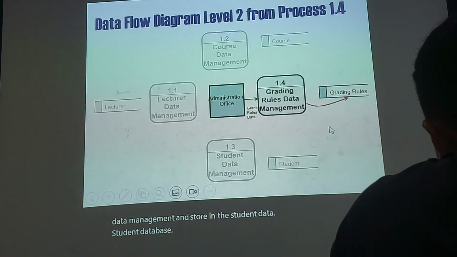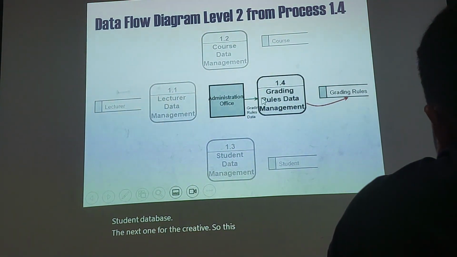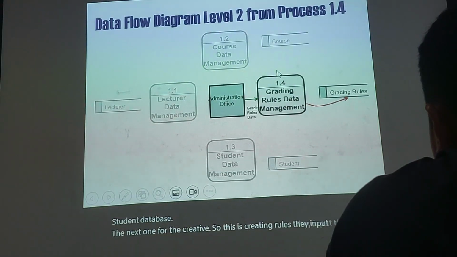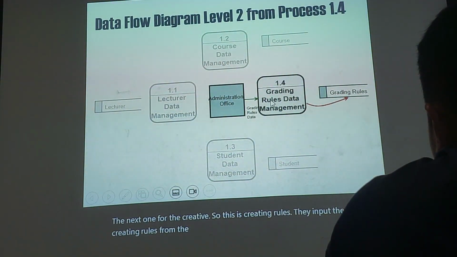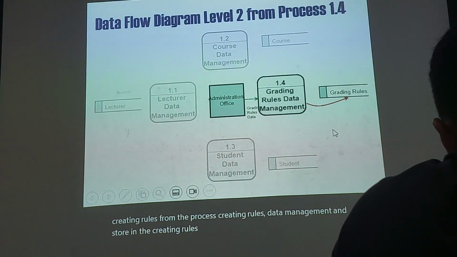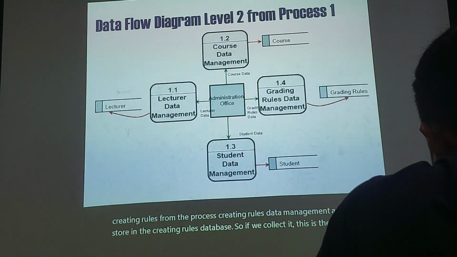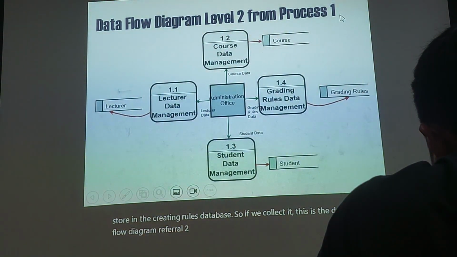The next one is for the grading. So this is grading rules. They input the grading rules from the process grading rule data management and store them in the grading rules database. So if we collect it, this is the data flow diagram level 2 from process 1.